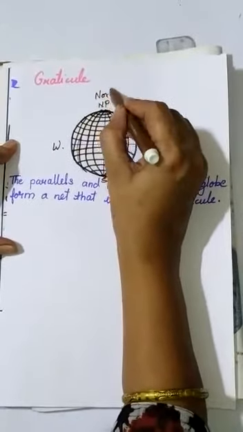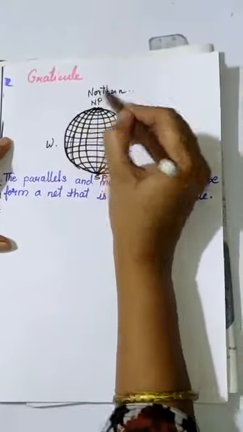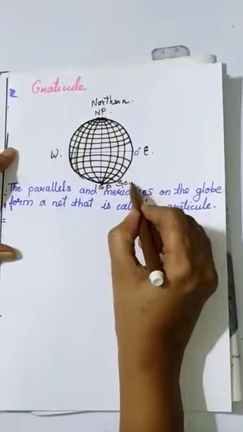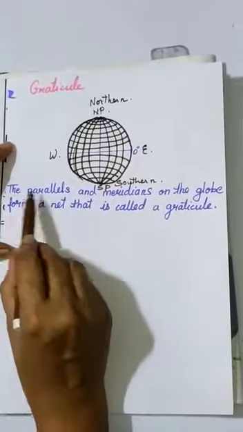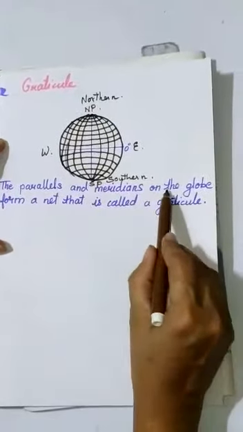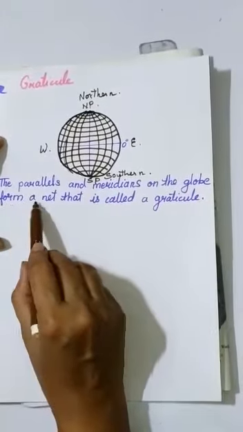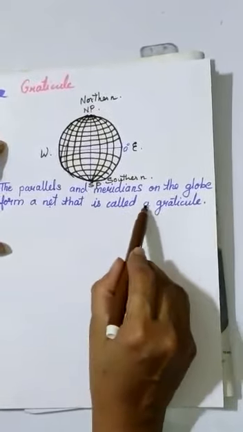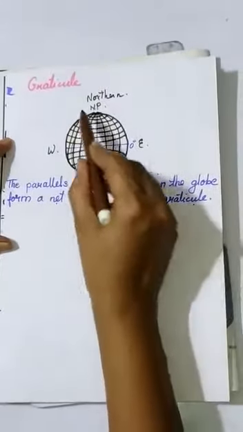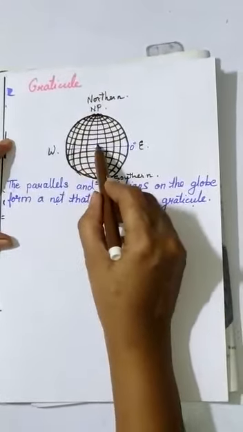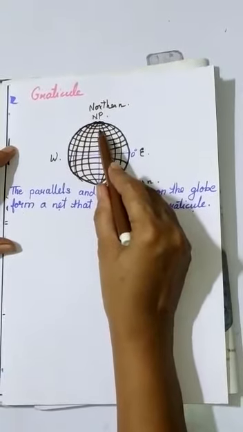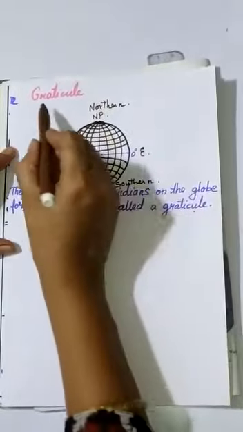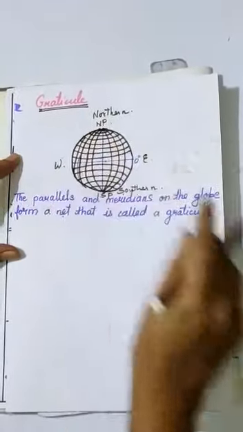This is northern hemisphere, which is also called the North Pole, and southern hemisphere, which is also called the South Pole. The parallels and meridians on the globe form a net that is called a graticule. That means all the parallels, including equator, and meridians, longitudes and latitudes together, are called graticule.